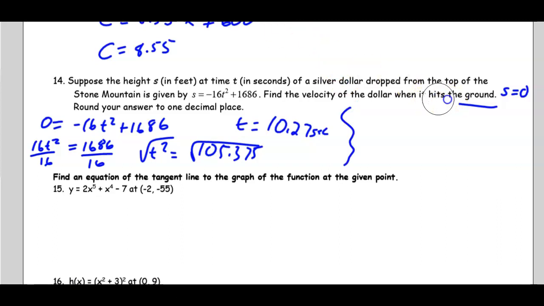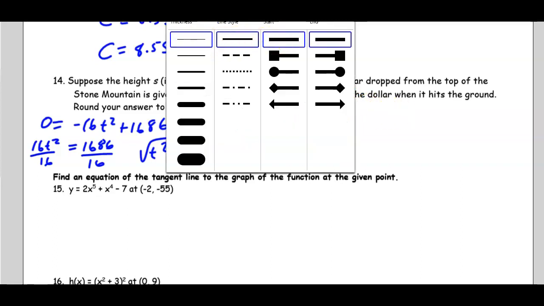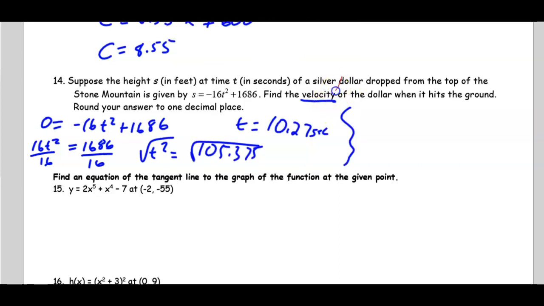Now, the second part of this question says find the velocity. Well, when I find velocity, guys, I have to take the derivative. All right, velocity equals derivative. So I take the derivative of this equation right here.